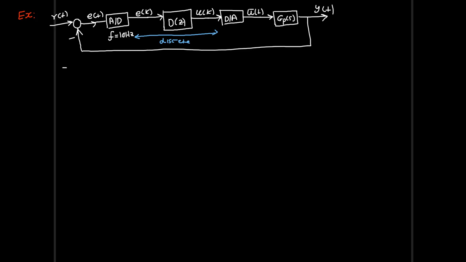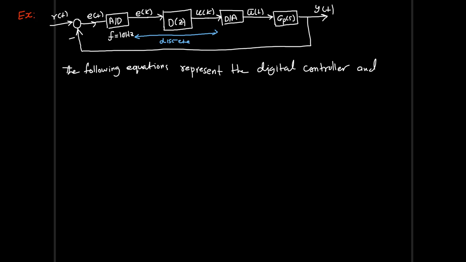So let's assume the following equations represent the digital controller and the continuous time plant, respectively.